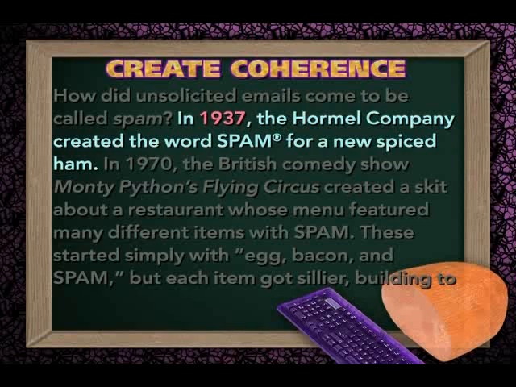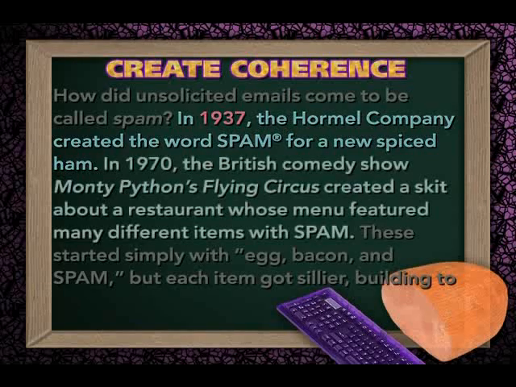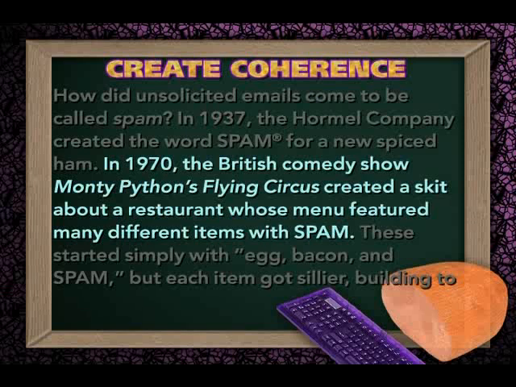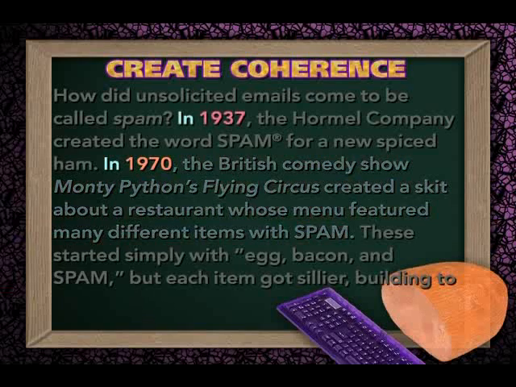It shows me that I'm using chronological order, and that's my first detail. In 1970, the British comedy show Monty Python's Flying Circus created a skit about a restaurant whose menu featured many different items with spam. Well, in 1970 is a clue that that sentence has to come after the 1937 sentence.